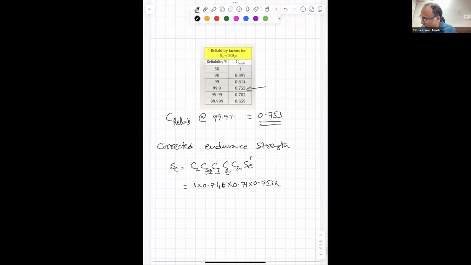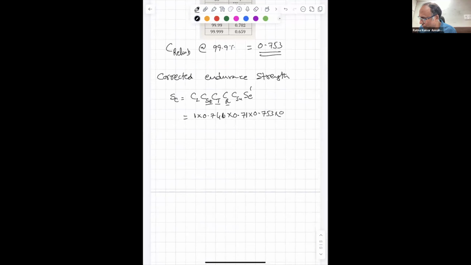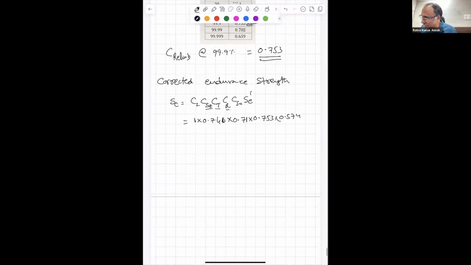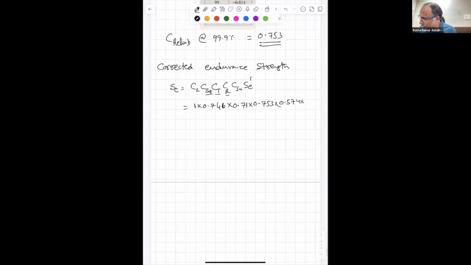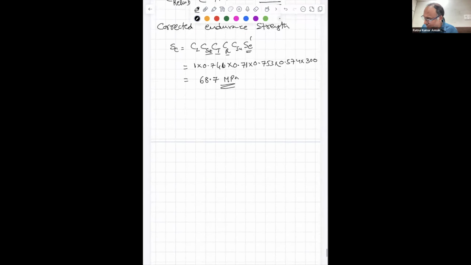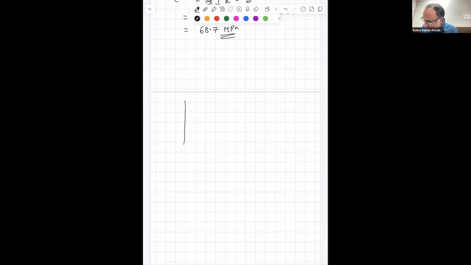And C surf is 0.574. Anything else that is remaining? Nothing. Into Se dash, which is 300, the uncorrected endurance strength. So what is this value? 68.7 MPa, right? So earlier, if you look at our graph, maybe I will get that graph here.